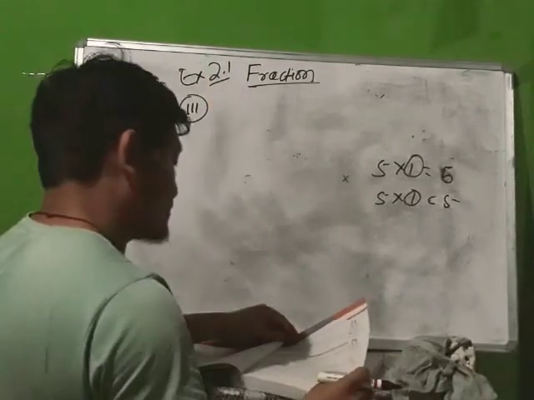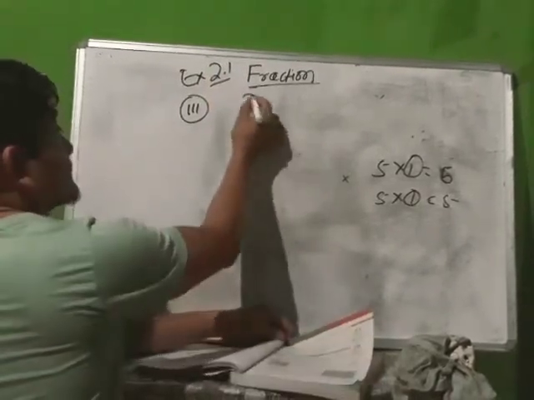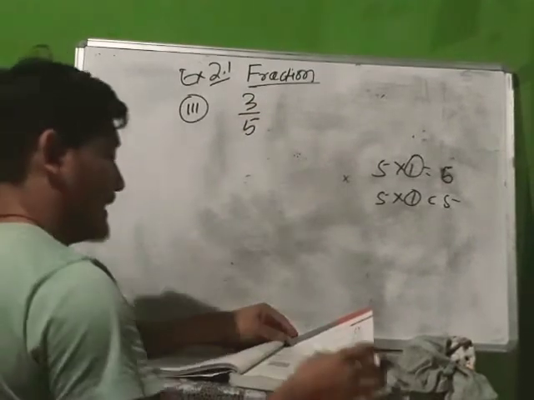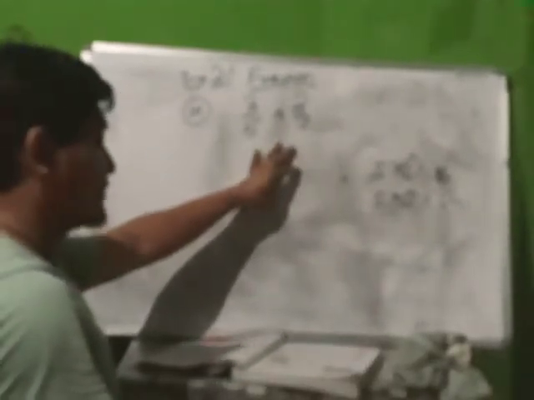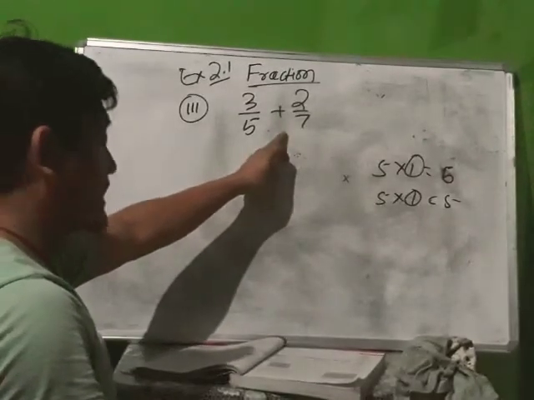So talking about this question, you have 3 by 5 plus 2 by 7. I hope you all can see the board properly. So you are given 3 by 5 plus 2 by 7.